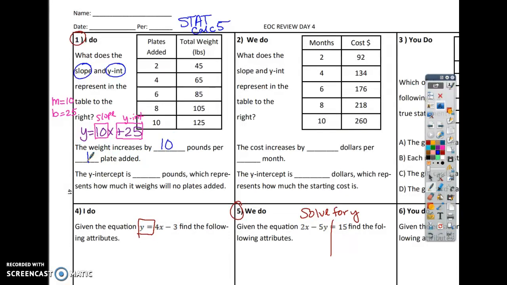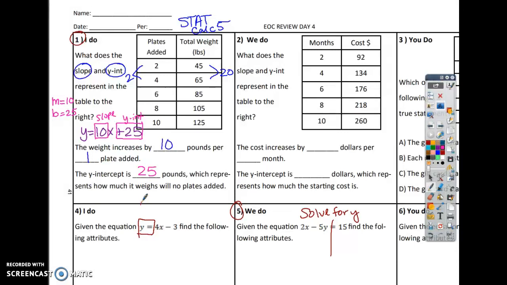So every 1 plate that I add, I'm adding 10 pounds. Right here, they added 2 plates, so this should be 20 pounds because each plate is 10 pounds. Okay, and the y-intercept is how much it starts with. So it started with 25 pounds. That's the bar by itself without any weights.